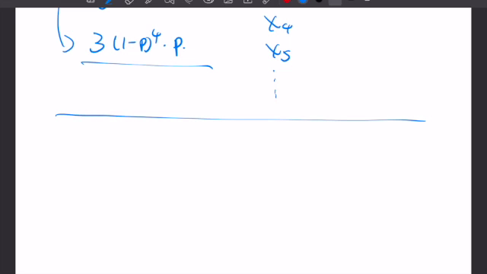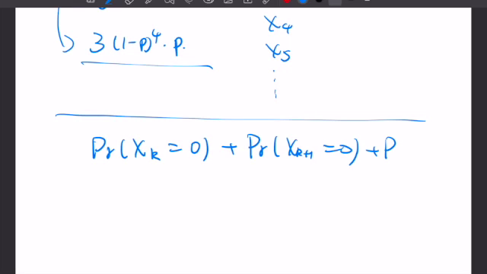We don't care after how many plays Alice gets ruined, but we just want the probability that Alice gets ruined at some point, at any point. So what we need to calculate is this probability: the probability of xk equal to 0, or xk plus 1 equal to 0, or xk plus 2 equal to 0, and so on.